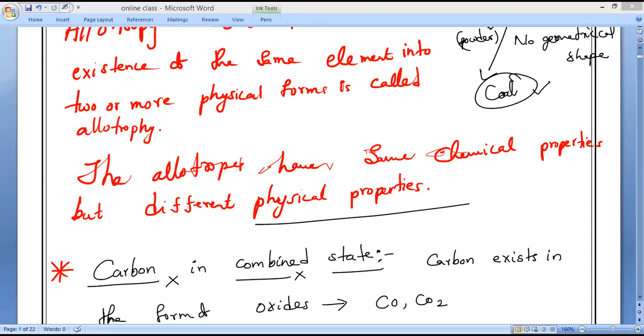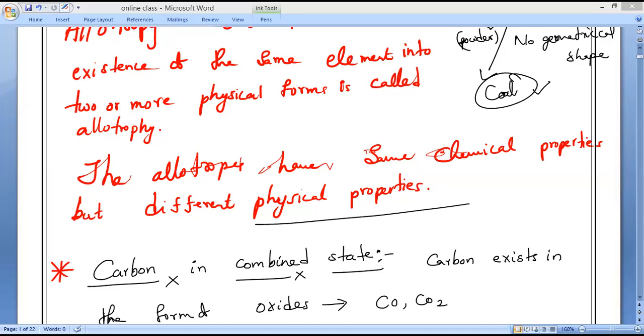Physical properties differ. Now, coming to graphite. Graphite is very smooth because between the layers there is a weak force of attraction. You can see the density of diamond is more because of the closeness of carbon atom packing.